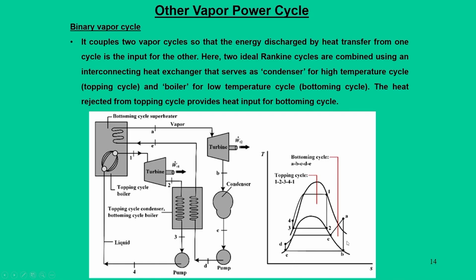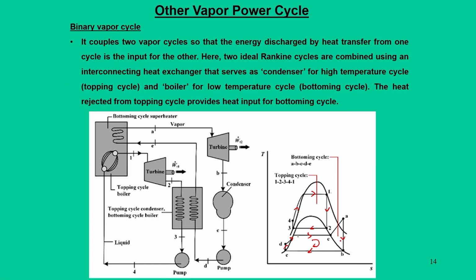So, one Rankine cycle operates as A, B, C, D, A, and the other one operates as 1, 2, 3, 4 and 1. We call one of them the bottoming cycle, and the other the topping cycle.